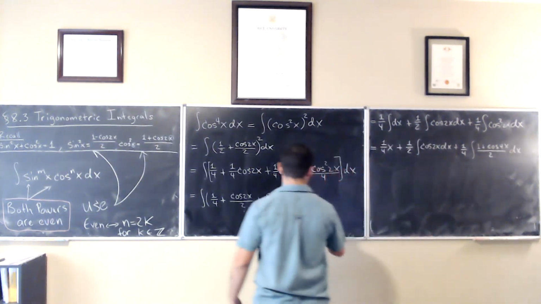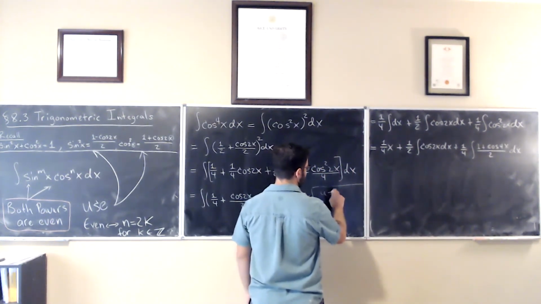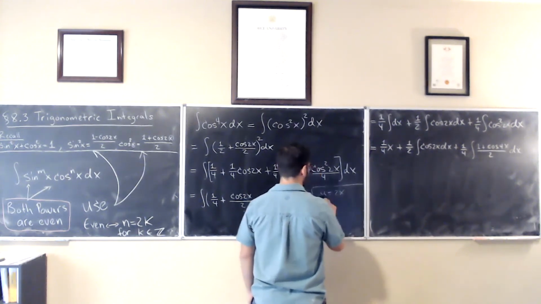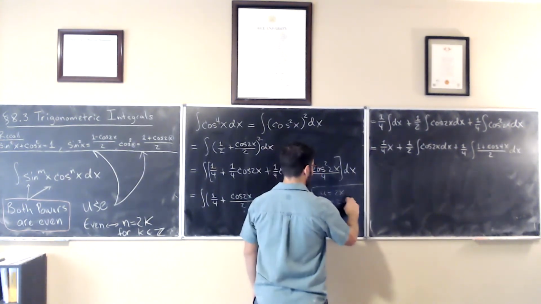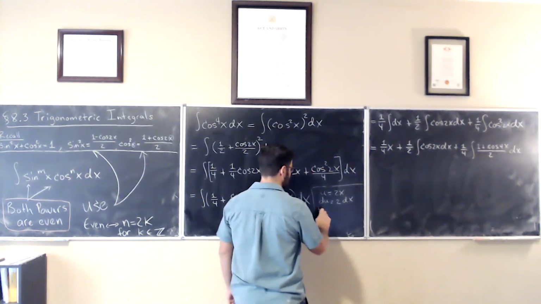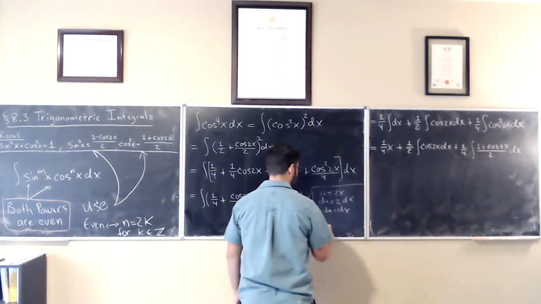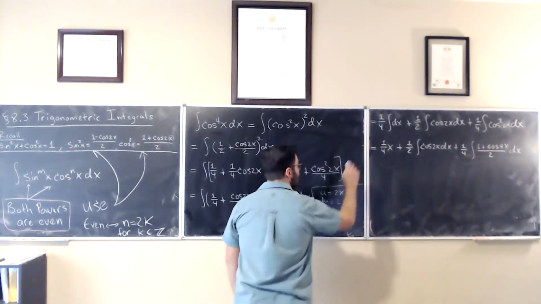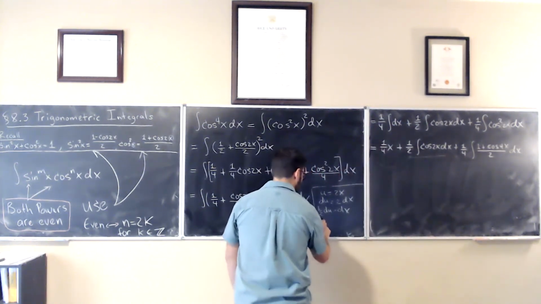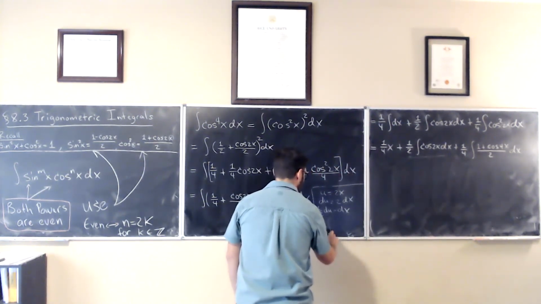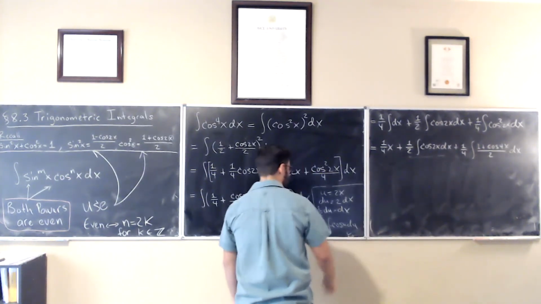We should be able to integrate this, no problem. I'll just scratch mark it right here. If u is equal to 2x, then du is equal to 2 dx, which means that 1/2 of du is equal to dx, which means that that integral is going to be written as 1/2 integral of cosine u du.